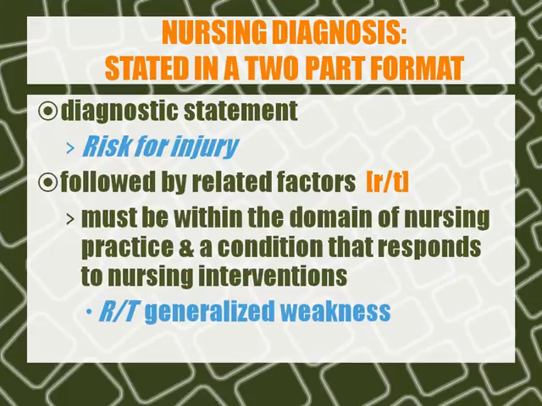Then we have to follow that statement by related factors. Often we abbreviate R/T, related to. And this must be within the domain of nursing practice and a condition that responds to nursing interventions. So, in this example, my patient may be at risk for injury related to the fact that they have generalized weakness.